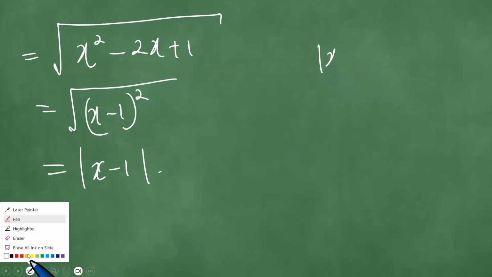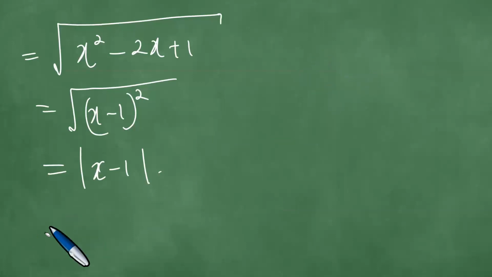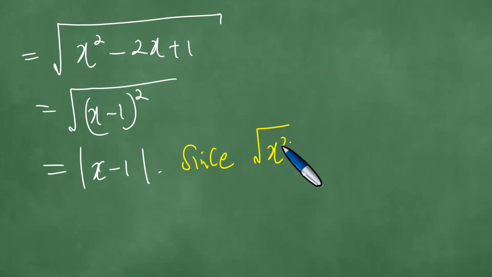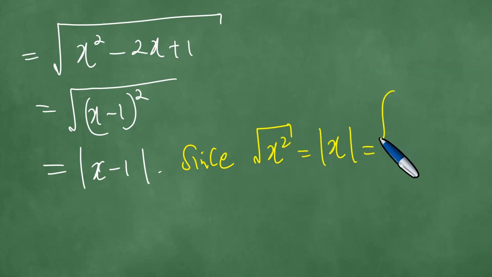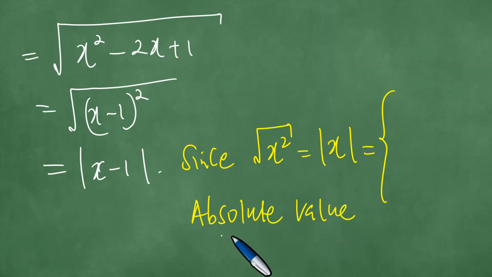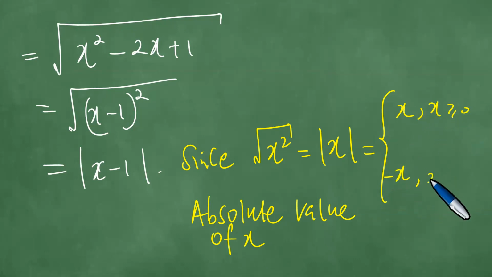This is true since in mathematics the square root of x squared is the modulus of x, which is called the absolute value of x. It is x if x is greater than or equal to 0, and minus x if x is less than 0.